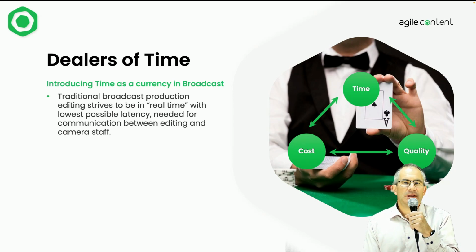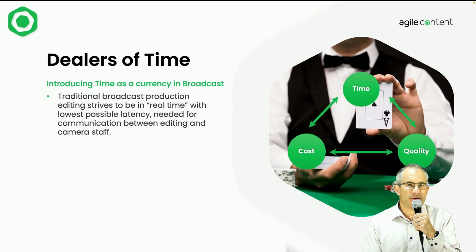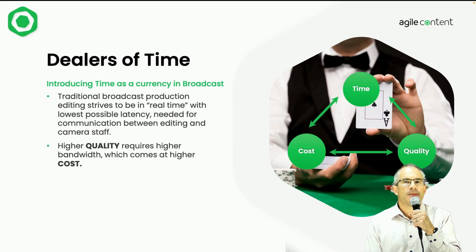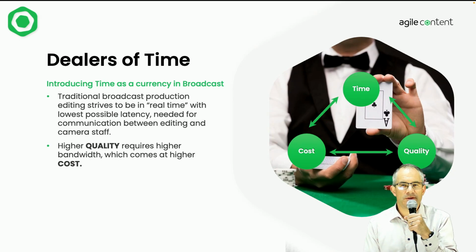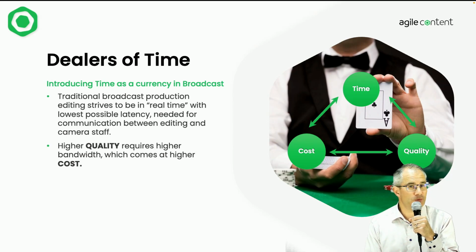Now, if you introduce time as a currency, and all of us have seen this triangle where you have time, quality, and cost as different corners in the triangle. And most often it says on some sign that you can pick any two, but you cannot pick three.